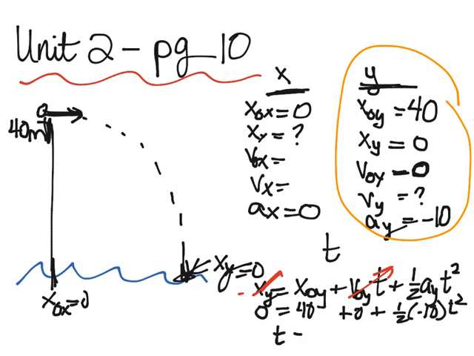Okay, and I'm going to do some algebra and solve for t. I end up with t squared equal to 40 divided by 5, so t squared is equal to 8. And t is equal to about 2.83 seconds.